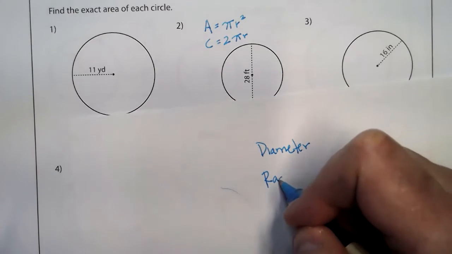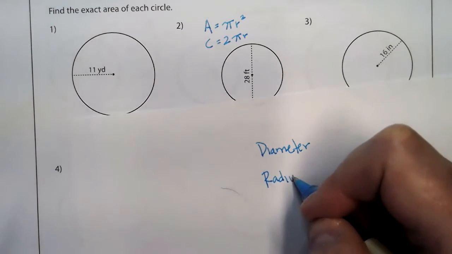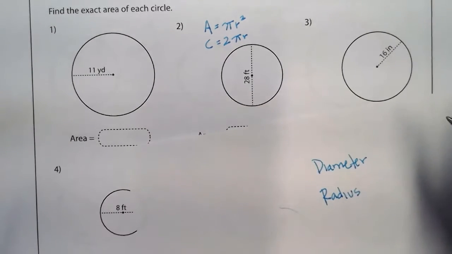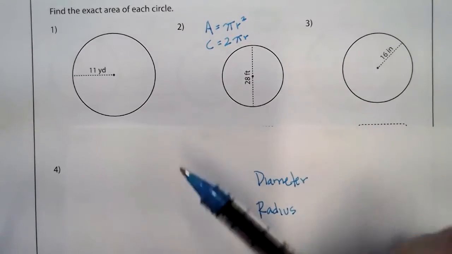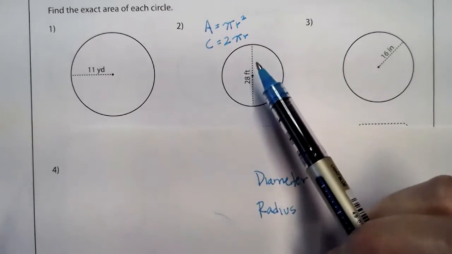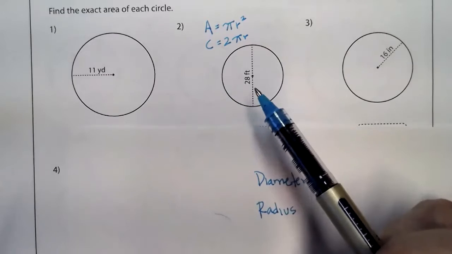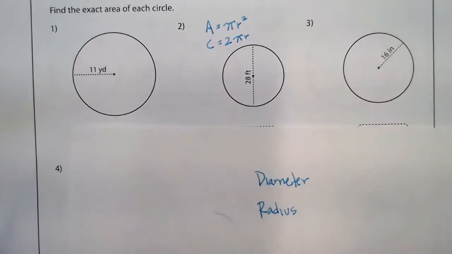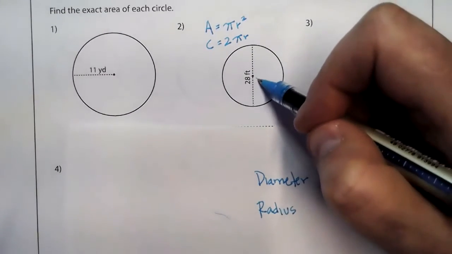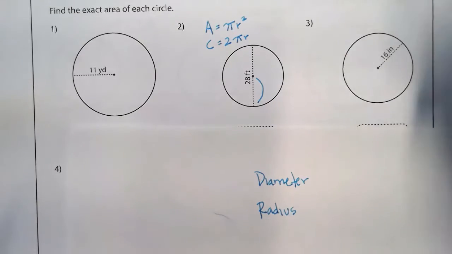We need the radius for both the area and circumference. So if you get a circle that's got the line from end to end, you have to remember to cut that in half because you only need this part of the line. You only need the radius.